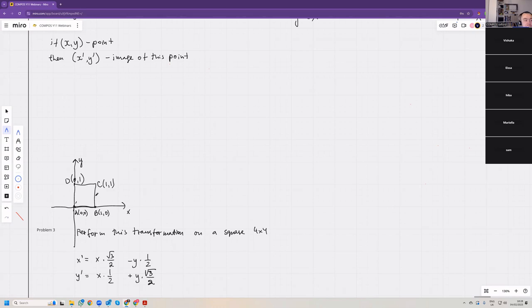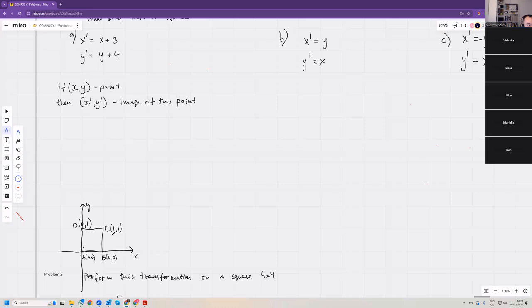Let's see if we can fit it. Yeah, it's fine. So this is the original square. We want to know what is the image of that square.